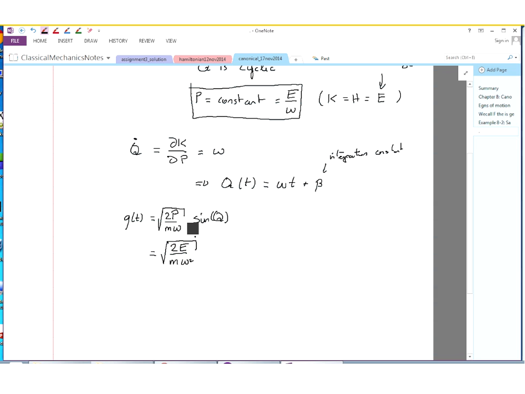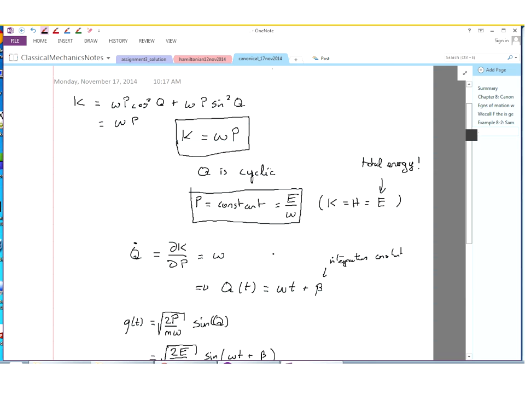In the notes, it's missing the squared. And then sine of capital Q is omega t plus beta. And so we find that this is like the x of t, right, for the simple harmonic oscillator. So we indeed find the correct normalization and that it's a sine. And so the simple harmonic oscillator oscillates.